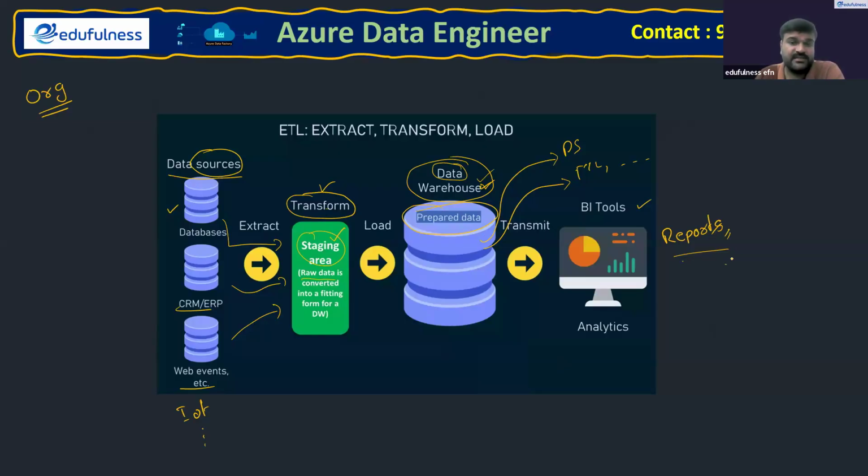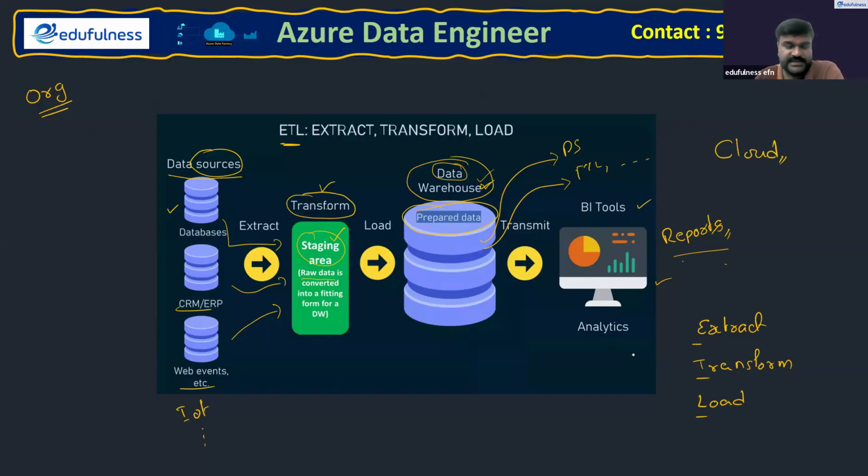This is the front face for the client, so that reports are generated. So first of all, you are extracting the data from the source, then you are transforming that data as per your requirement, then you are loading it into the required sink locations, destinations. That is what you can call ETL. So this ETL you are doing with cloud technologies nowadays.